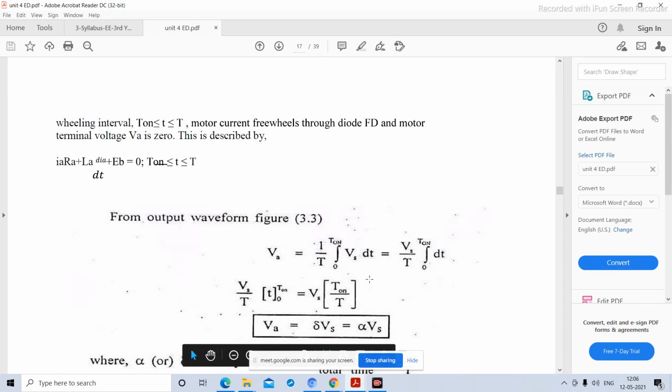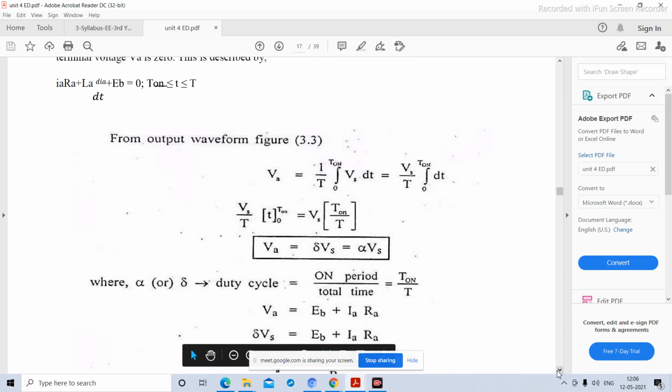By calculating this equation, Va equals delta Vs, that is equal to alpha Vs. Delta or alpha are the same values. That is known as the duty cycle. We are familiar with the duty cycle: duty cycle equals T on period over total time.